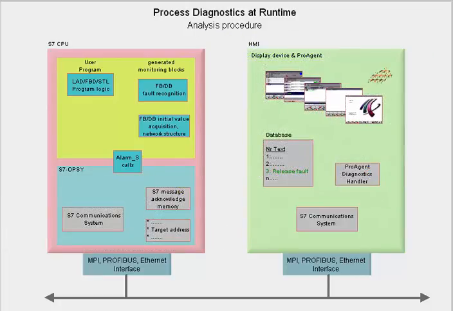If the operator on the HMI device requests a detailed view of the fault, the HMI device generates a message and sends it to the communication system of the CPU causing the fault, with a request for the initial values. Now, from the relevant instance DB, the communications system of the target CPU takes the initial values of the status information, which the addresses of the networks involved have at the time of the fault, and the structure of the monitored network that is stored there.